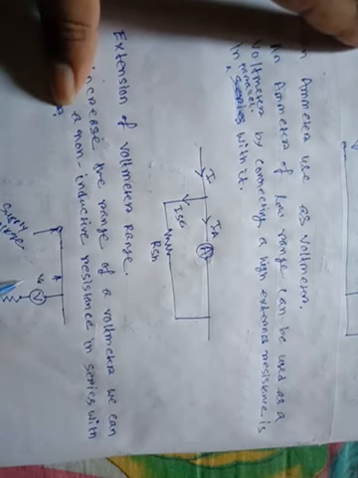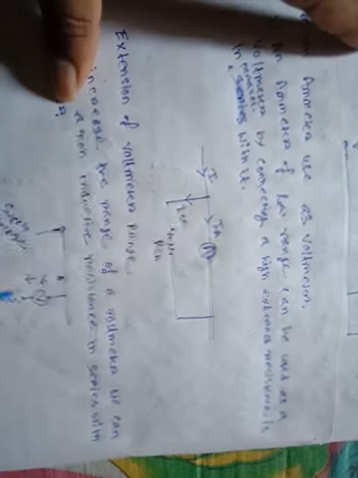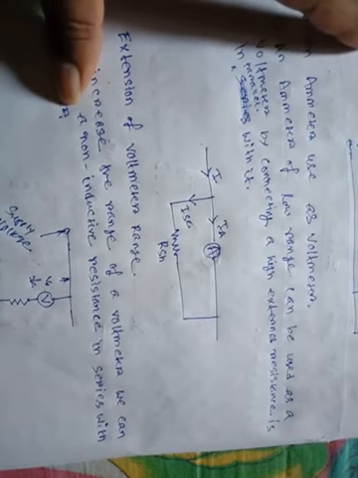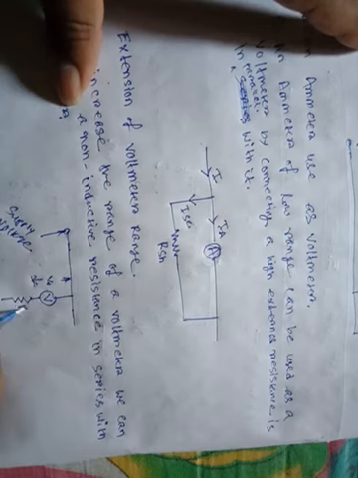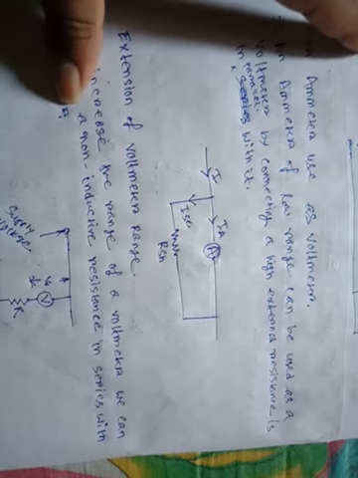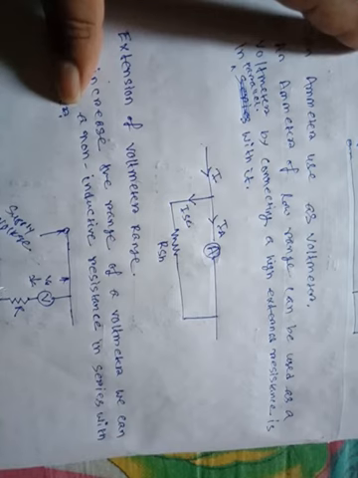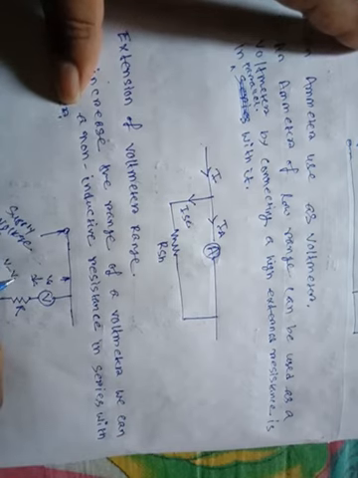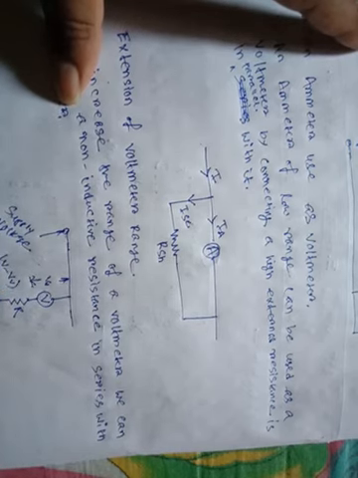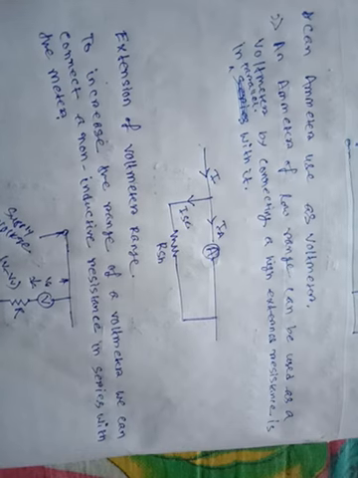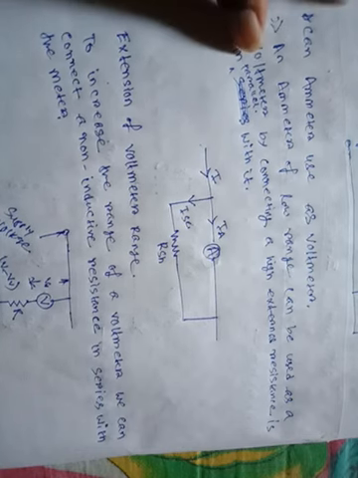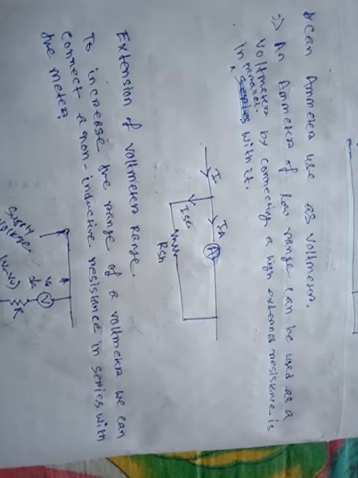We get the reading on the voltmeter, and here the external resistance is connected in series. The dropping voltage is the supply voltage minus the voltmeter reading voltage. After this we get the dropping voltage of the resistance.